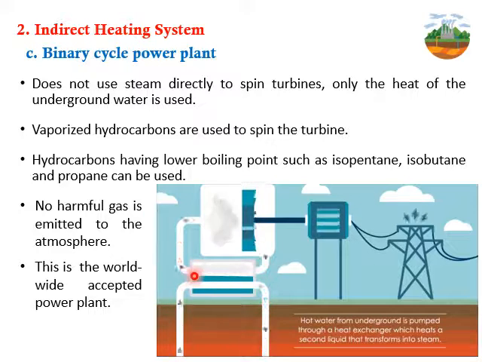Usually this fluid is organic, having a much lower boiling point than water, so it evaporates, and an evaporated organic fluid like isopentane, isobutane, and propane is used to turn this turbine, and electricity is generated. The most benefit from this geothermal energy is that there are no harmful gases, and this type of plant is mostly used in harnessing geothermal energy.